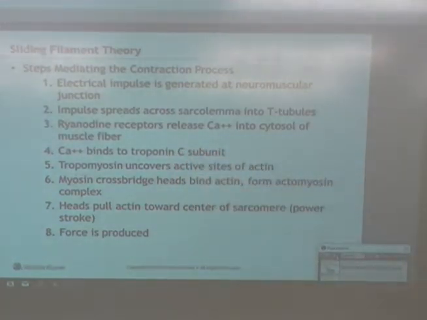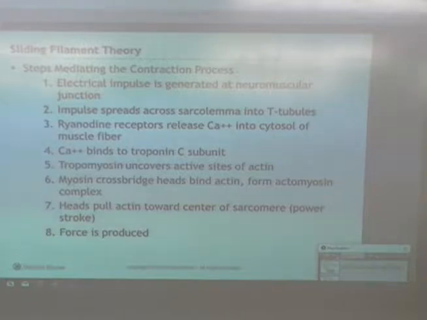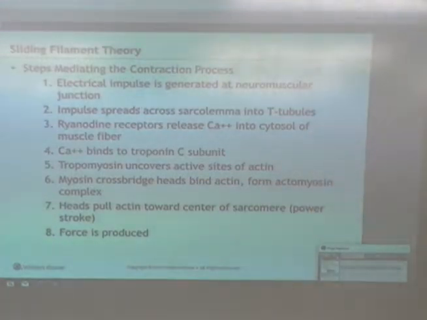Right? So the calcium binds to the troponin, ignore the C subunit. Remember on Monday I said we're just going to go with calcium, with troponin. And that binding causes a little bit of a wiggle in the actin molecule. And it moves the tropomyosin strand slightly away from the actin, and it uncovers the site on the actin that is the attractor site for the myosin head.